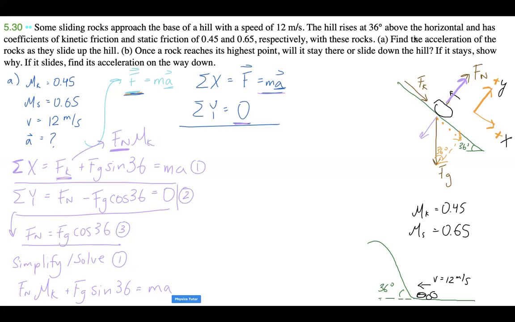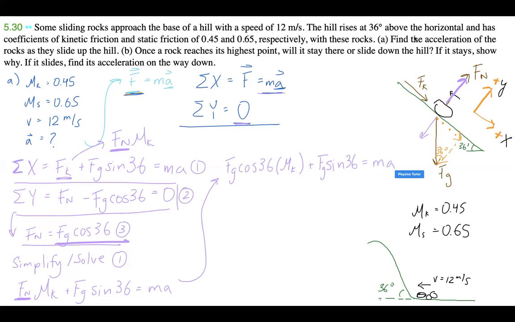All right, well, we know what Fn is. Fn is Fg cos 36. So let's write that down. So we have Fg cos 36 times mu k plus Fg sine 36 is equal to ma.